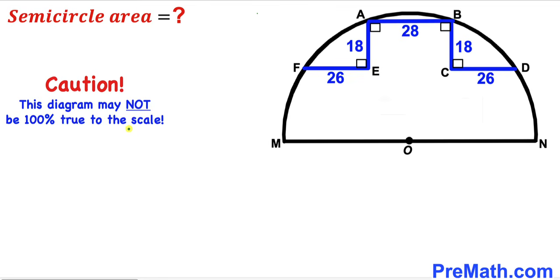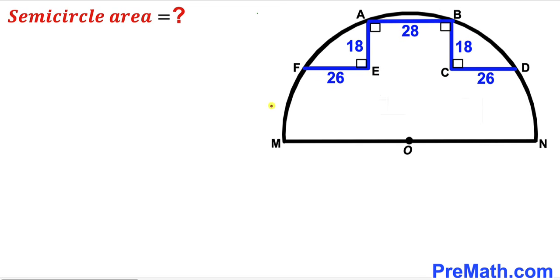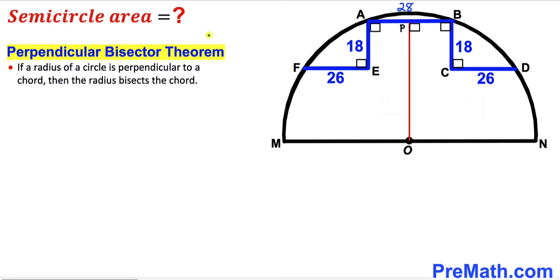Please keep in mind that this figure may not be 100% true to scale. Let's get started. Here's our very first step: since we are interested in calculating the area of this semicircle, we must calculate the radius, lowercase r, first. In this next step, I have dropped this perpendicular OP on this chord AB. Let's recall the perpendicular bisector theorem.